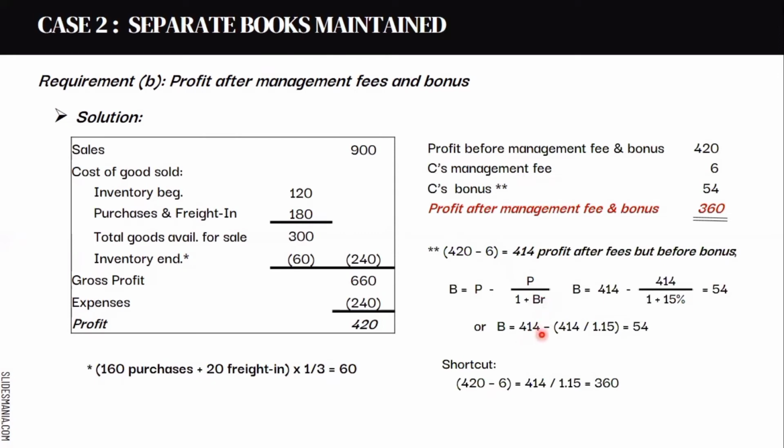So 414 minus 414 divided by 1.15 equals 54 of bonus. So profit before management fee and bonus of 420, we less the management fee of C of 6 pesos and then the bonus of C of 54. So we have 360 of profit after management fee and bonus.